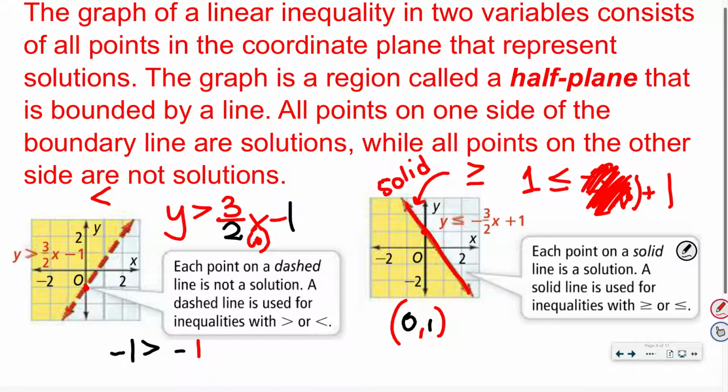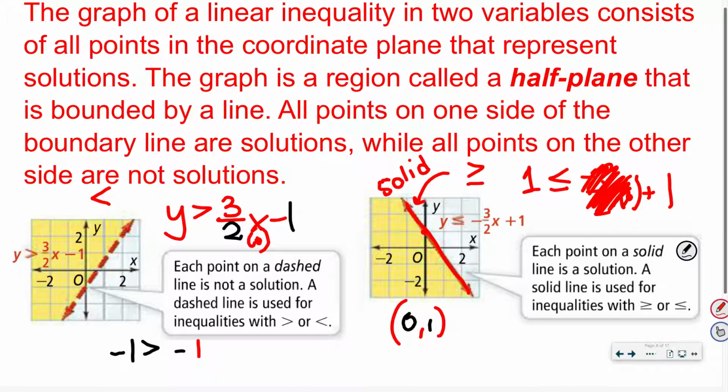No, because that symbol doesn't specifically mention it also being equal, any coordinate on the line is not a solution. So the way we would represent that, yes, it is still our boundary line, but it's not included in the solution set. That would be your dashed line. Okay. What if the inequality was an equal sign? Then it would be an equation.